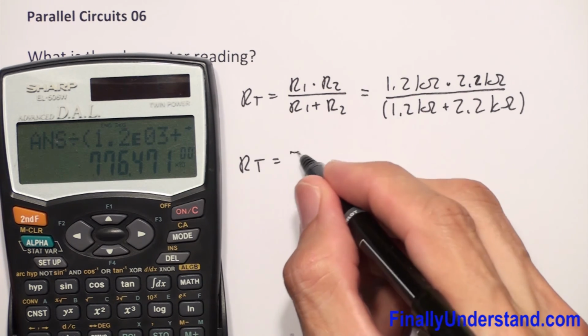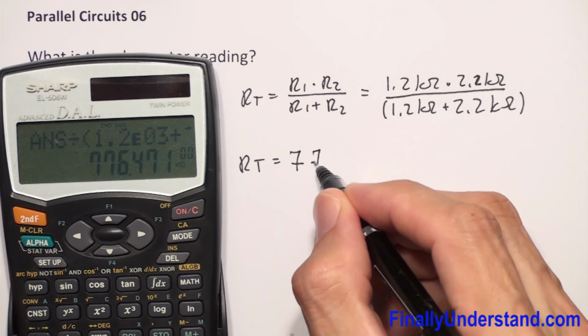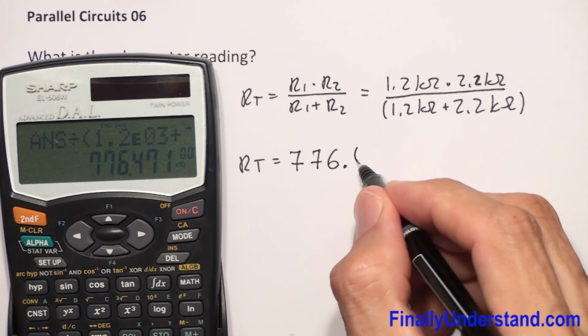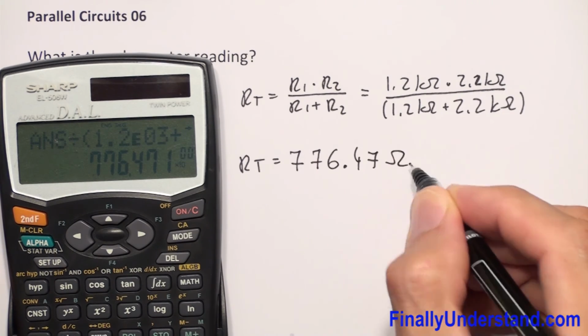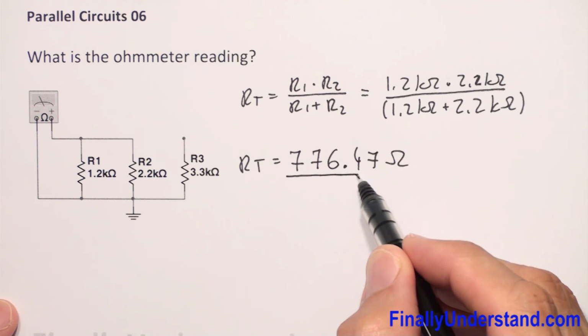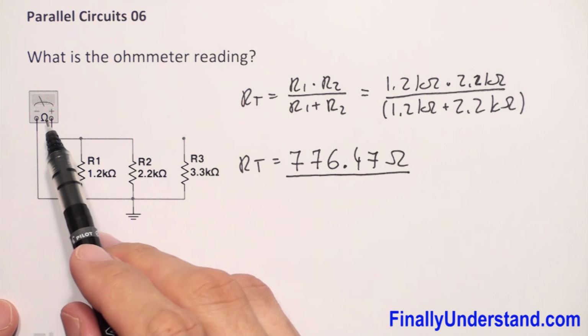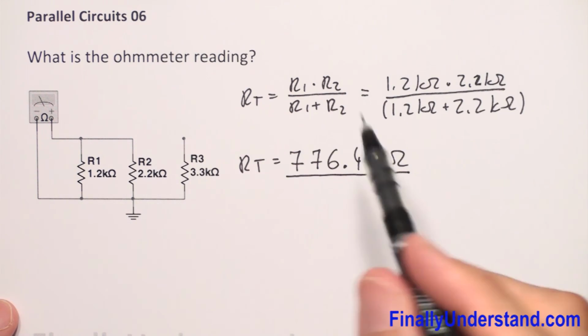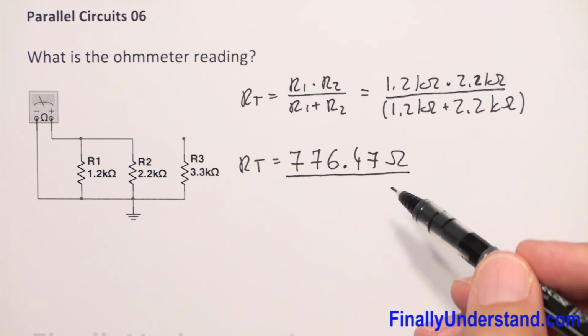I got 776.47 ohms. And this is the resistance which the meter is going to show up. And this is the answer for my problem.